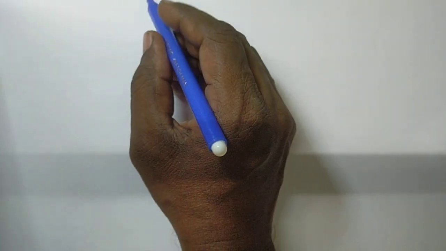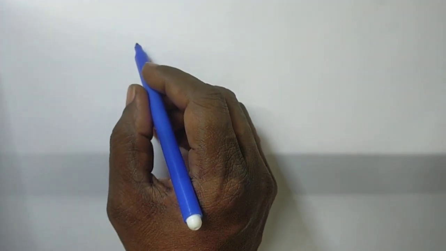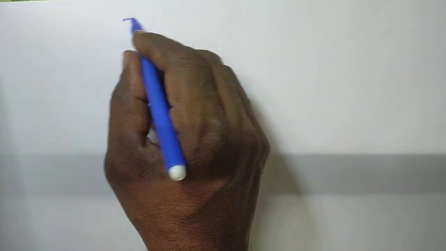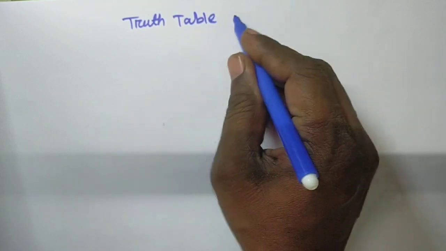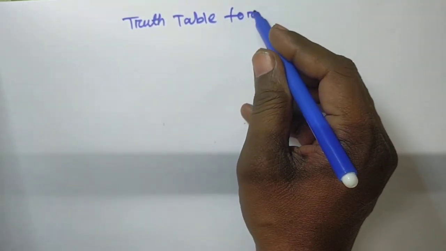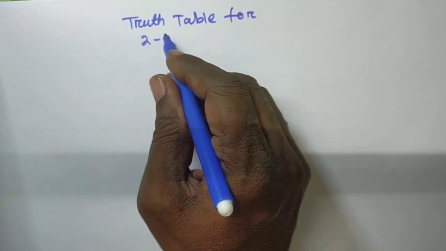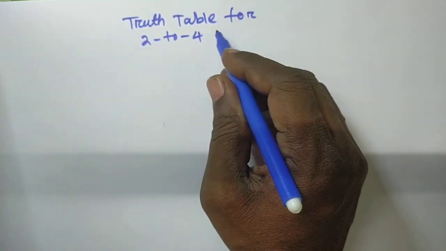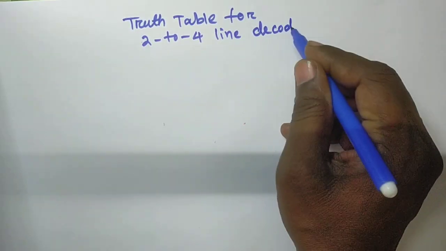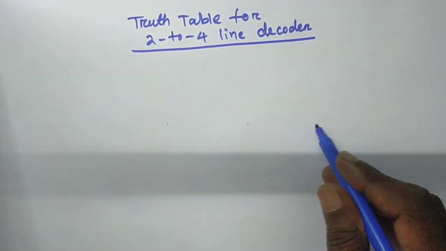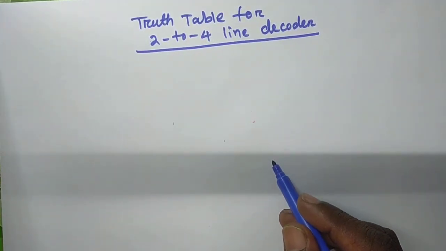Now I will draw this line, like suppose here we can write a truth table for the 2 to 4 line decoder. Okay. So now how will we create that truth table?